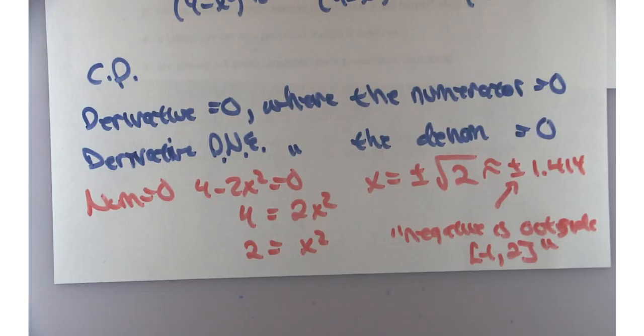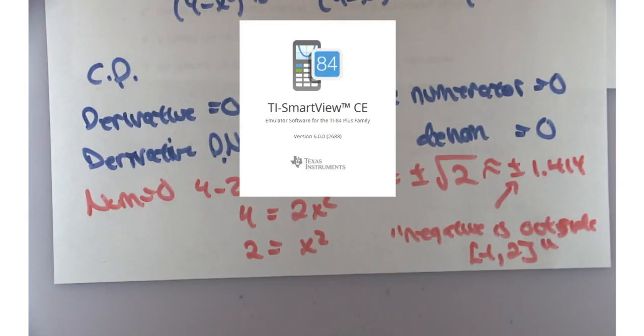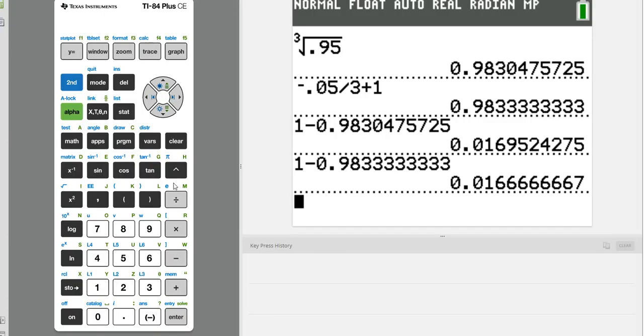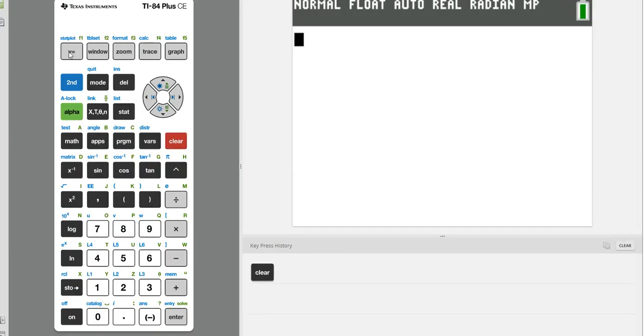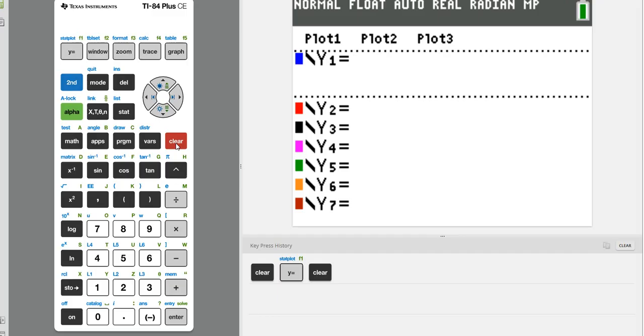Tell you what, I'll do this one on the graphing calculator just for something a little different here for us. So let's clear out this stuff. Make sure you put in your function, don't put in the derivative: square root of 4 minus x squared.